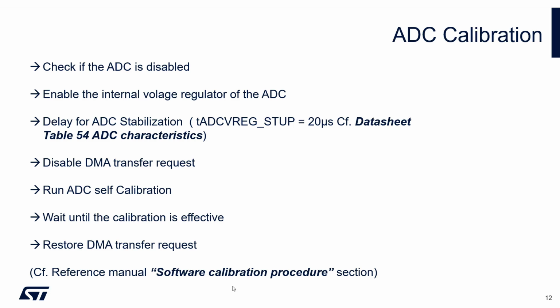So whenever we have an ongoing DMA transfer request, we will disable it, and then we will run the ADC calibration on itself. We will need to wait till the end of the calibration of the ADC, and then we will restore the DMA transfer request. So all of these steps have been defined in the reference manual.